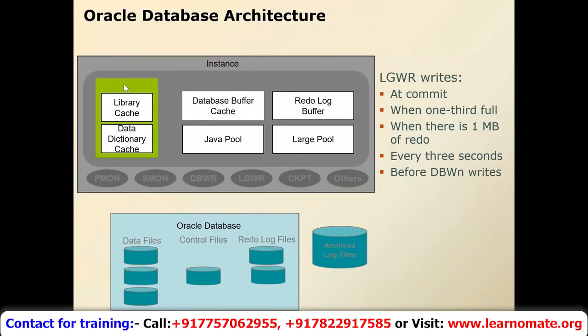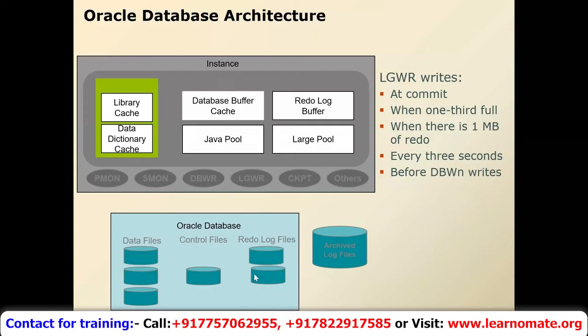These form your memory components: library cache, data dictionary cache, database buffer cache, Java pool, redo log buffer, and large pool. Now there are various background processes which include pmon, smon, database writer, log writer, checkpoint, and other background processes as well.